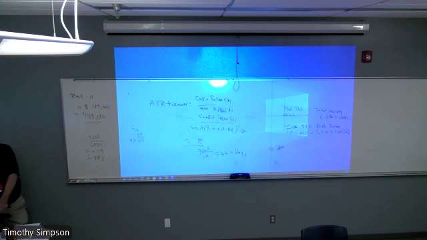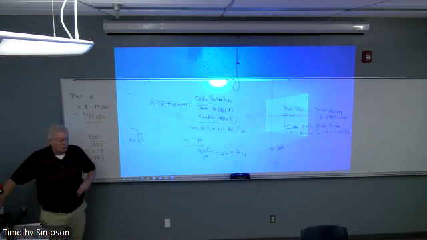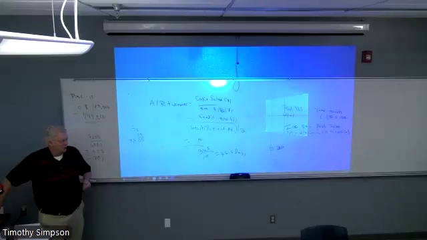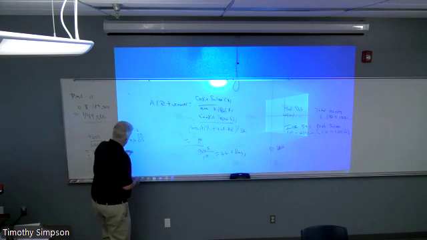Okay, and when it comes to profitability, remember, we have 3 categories of ratio analysis. We have liquidity, solvency, and profitability. So when it comes to profitability, we have 2 main ratios. We have ROA and we have ROE.